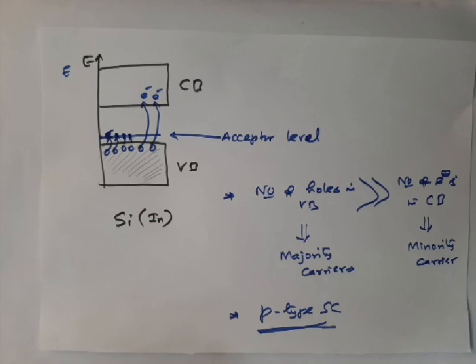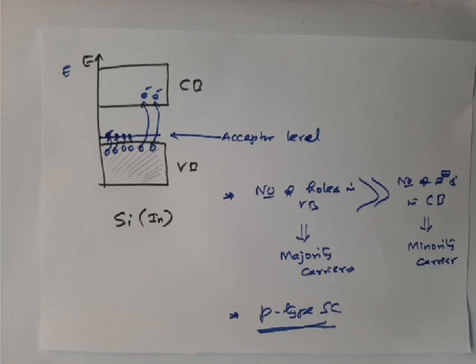Therefore, we are not going to bother about insulators here. So remember, in metals the band gap is 0. In semiconductors the band gap is less than 3 electron volt. In insulators the band gap is greater than 3 electron volt. Keep all these things in mind. They are very important. I stop here.